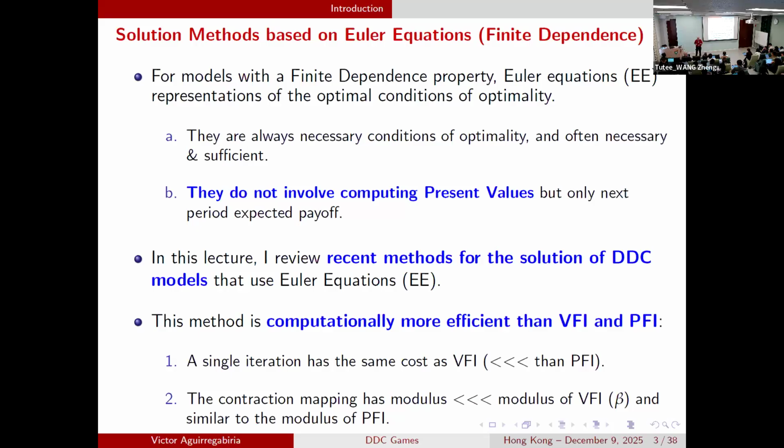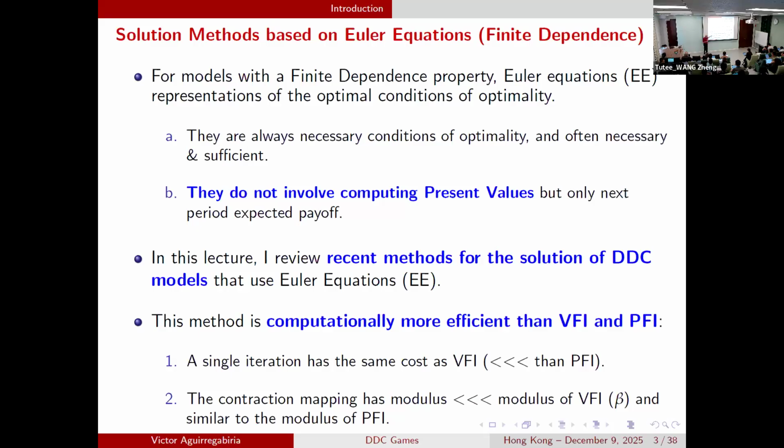What I will discuss later is the problem of value function iteration that Bertel described very clearly yesterday: it has linear convergence. It converges very slowly. As I will show later, the contraction properties of this Euler operator are much stronger than the contraction properties of the value function. Then it converges close to quadratic.